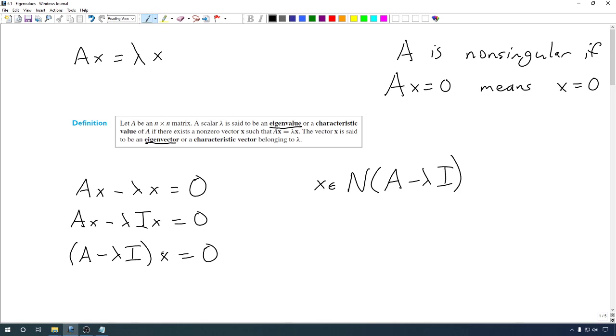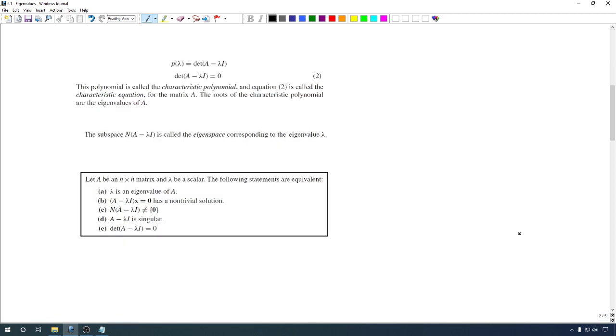So if there's anything that's not 0 that makes it equal 0, that means this matrix here can't be non-singular. It has to be singular. Or in other words, the determinant of that matrix equals 0, because that's supposed to be a singular matrix. So these are very important ideas and very important ways of actually finding these eigenvalues. We look for lambdas that make the determinant of this difference equal to 0. So that's what we're going to do here.